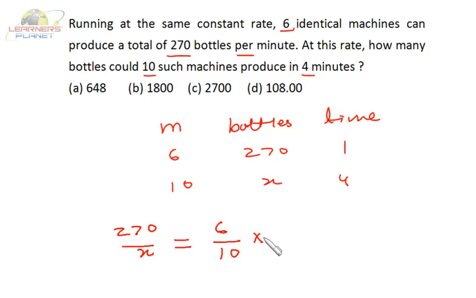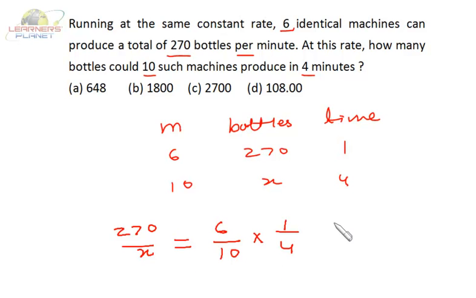Now further I have to compare bottles and time, since we are comparing with the unknown quantity. Okay. Now if more bottles are to be produced, more time will be required. That means even bottles and time are in direct variation. So if I write 270 by x, I'll be writing time also in this same way. Now I have to find out the value of x from this equation.